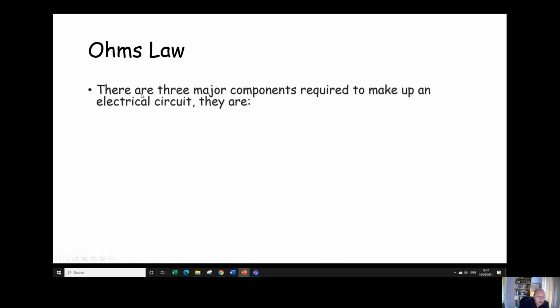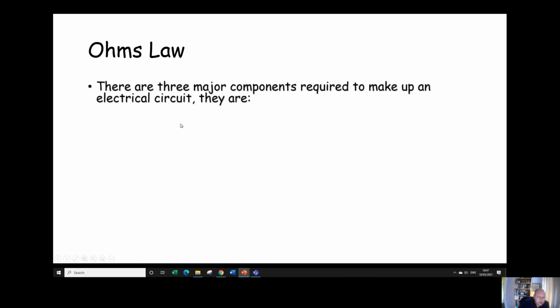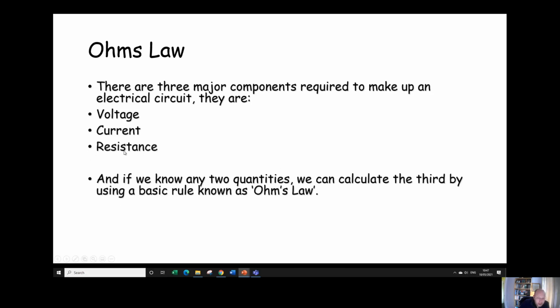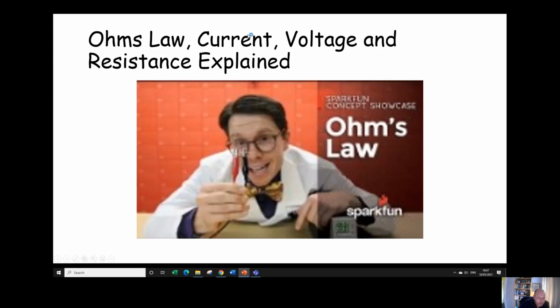Let's very briefly chat through Ohm's law. There are 3 major components required to make up an electrical circuit: voltage, current, and resistance. If you know any 2 quantities, we can calculate the third using something called Ohm's law. There's a nice video showing how to do Ohm's law on this slide.